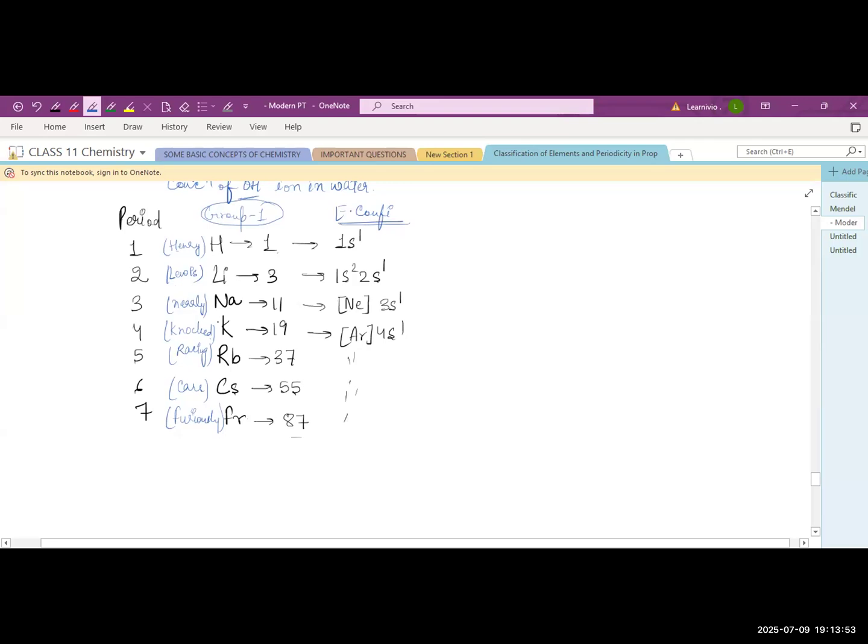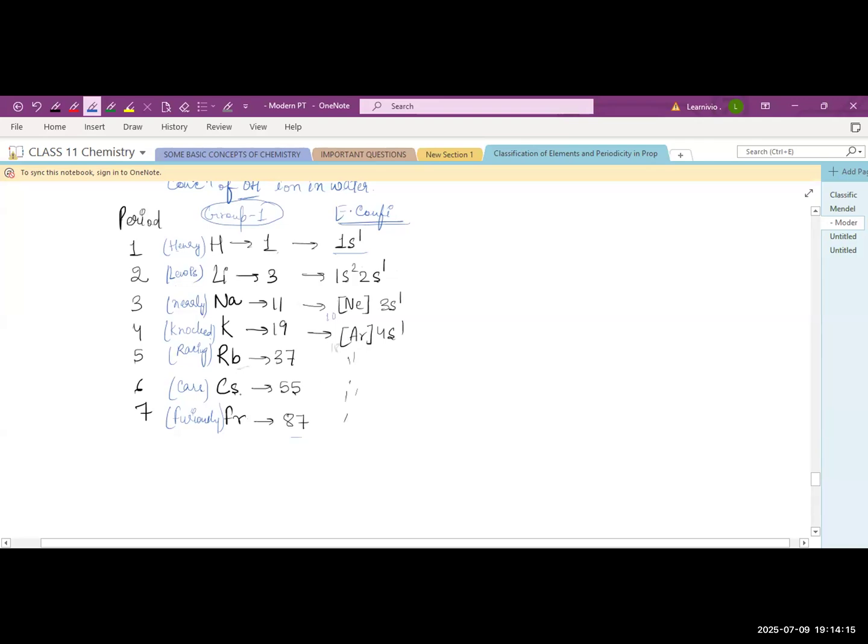Write down the electronic configuration first. Hydrogen is 1s1. Lithium is 1s2 2s1, because there are three electrons. For 11, we can write neon, which has 10, then 3s1. For potassium, argon, which is 18, then 4s1.